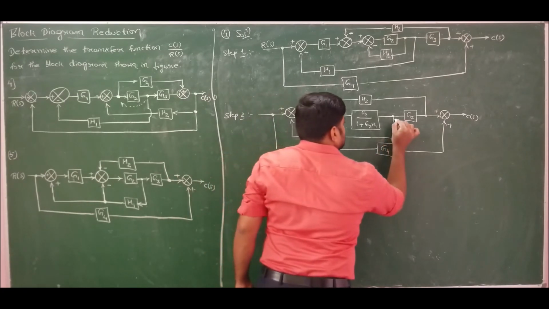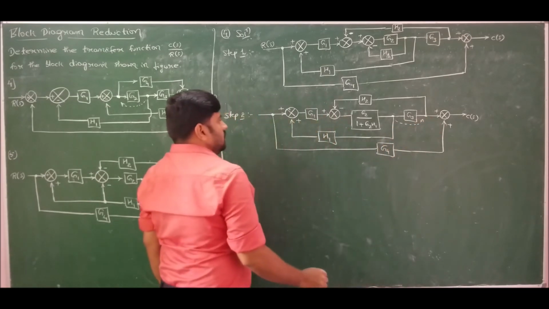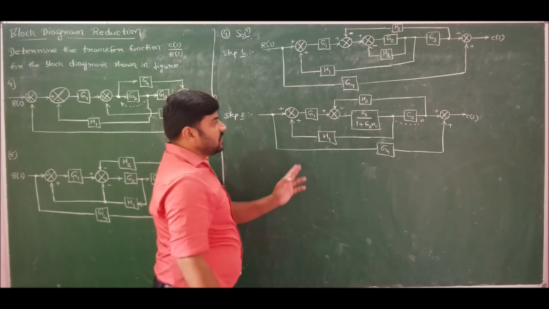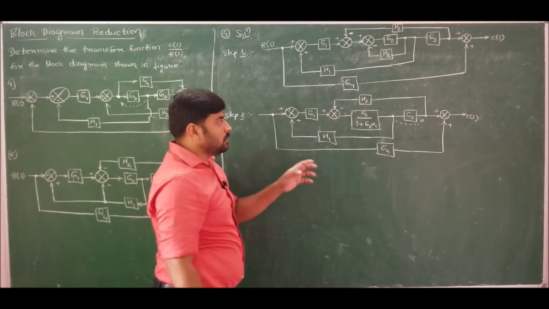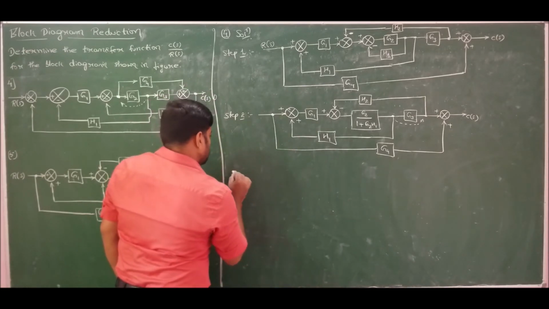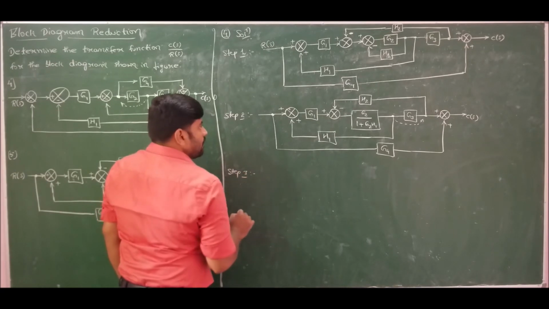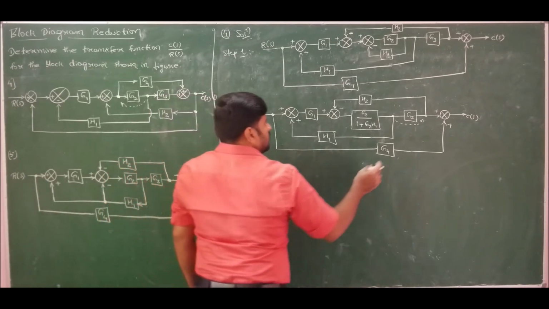Just shift this in front of G3 and interchange it. If I shift takeoff point in front of a block, I should add the inverse of the block value to the feedback. So therefore shift the takeoff in front of the block. So step number 3 will be, and then I can interchange it.